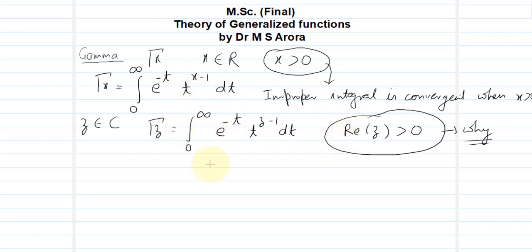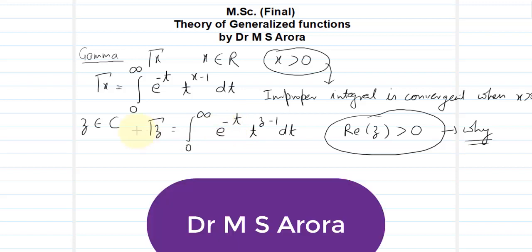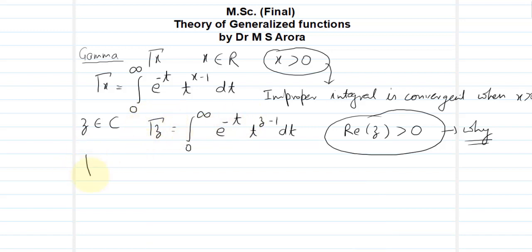Why this condition? Because when we deal with complex numbers or functions of complex variables, especially in the case of convergence, we take the modulus. When we take the modulus of t to the power z minus 1, since z is a complex number, suppose z is x plus iy, where x and y are both real numbers.